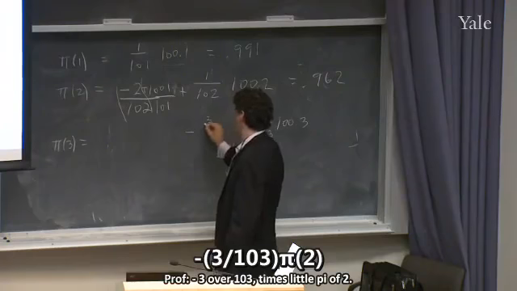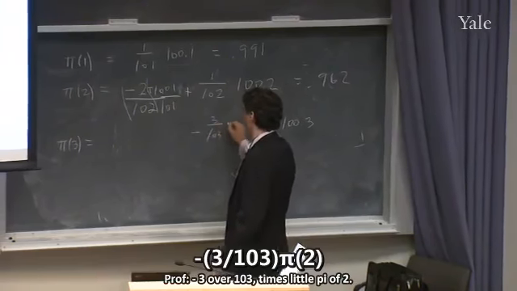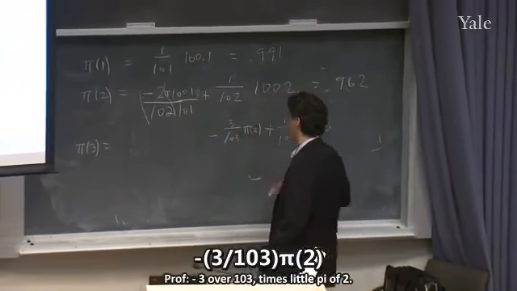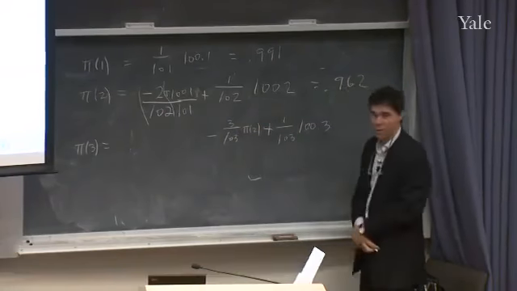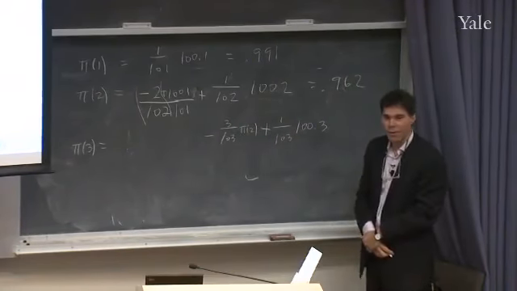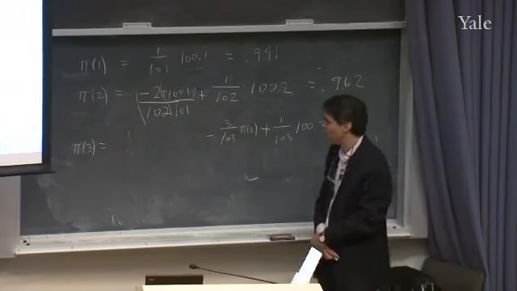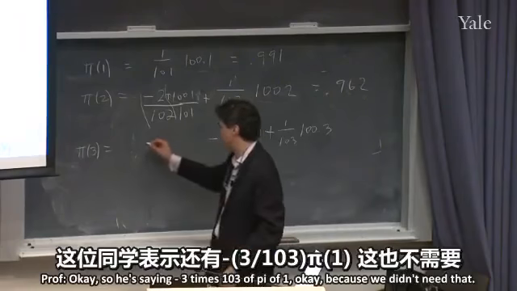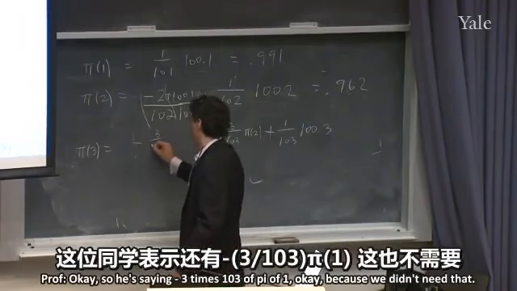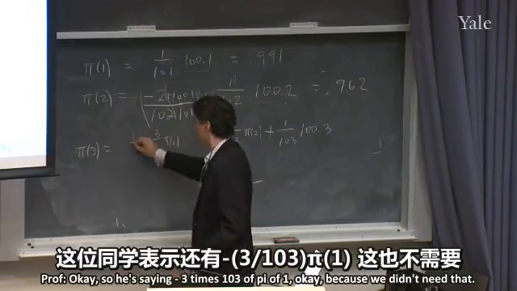Minus 3 over 103 times pi, little pi of 2, right? Because we got this extra stuff that we didn't need. Minus 3 over 103 of little pi of 1. Okay, so he's saying minus 3 over 103 of pi of 1, because we didn't need that.